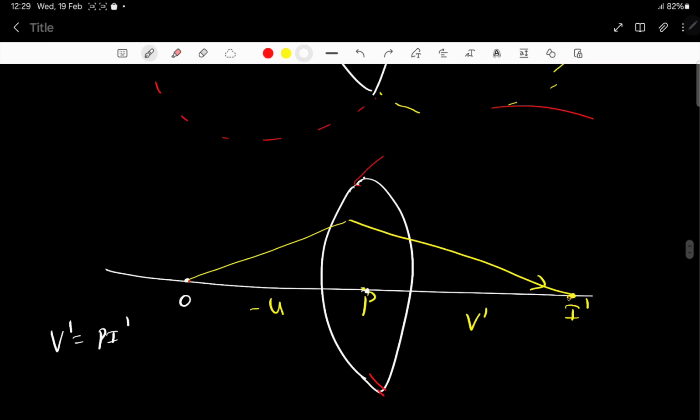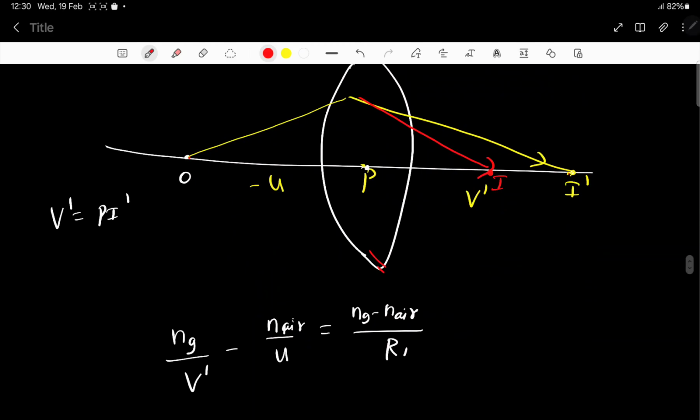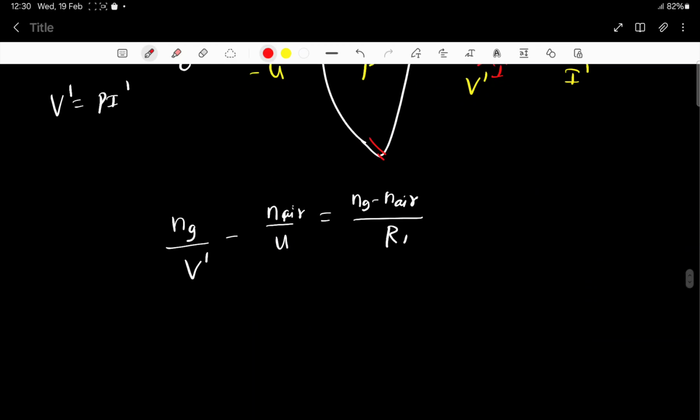So the virtual object is lying in the glass medium, but the final image is going to be formed in the air medium. It's the final image. So the object is in the glass, the image is in the air. If you rewrite the same equation one more time, you will be getting n2 is n air, n2 by v minus n1 is the glass medium.